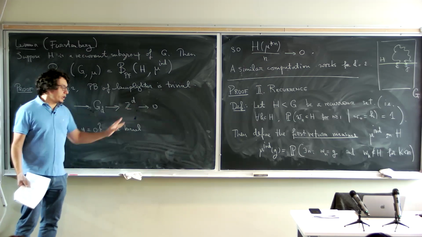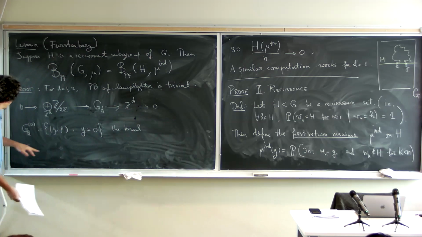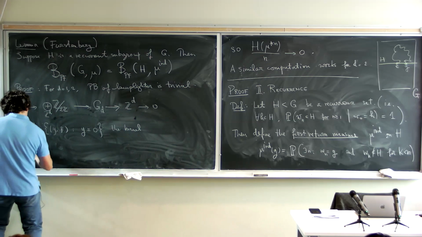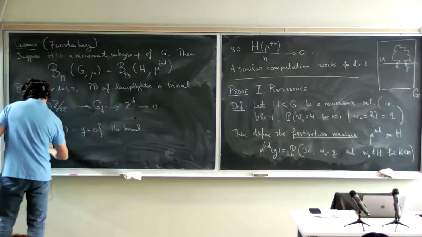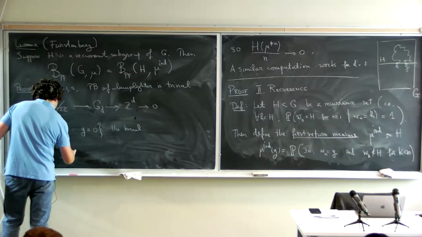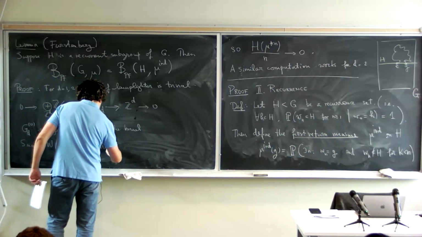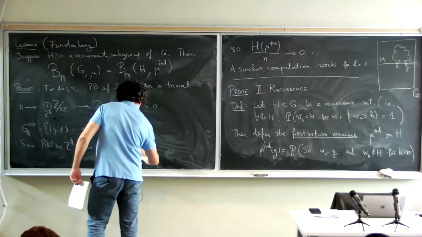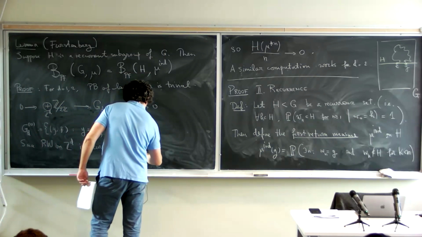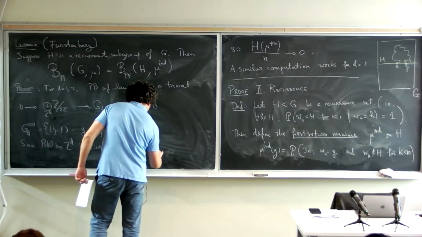So almost surely you are going to come back to G_D^0 infinitely often. Since the random walk on Z^D is recurrent, G_D^0 is also recurrent as a subgroup.